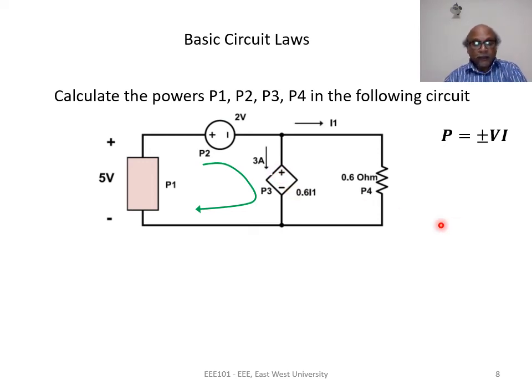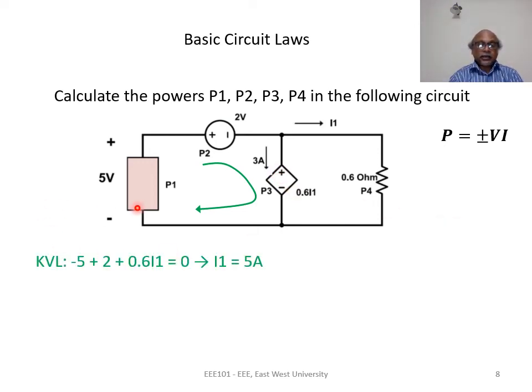So if we apply KVL, we get -5, negative because it is a voltage rise, 2 volt is a drop, so positive, 0.6 I1 is also a drop, so positive. In this equation, only I1 is unknown. So with simple algebra, we find out that I1 is equal to 5 ampere. So this current is 5 ampere, this current is 3 ampere.